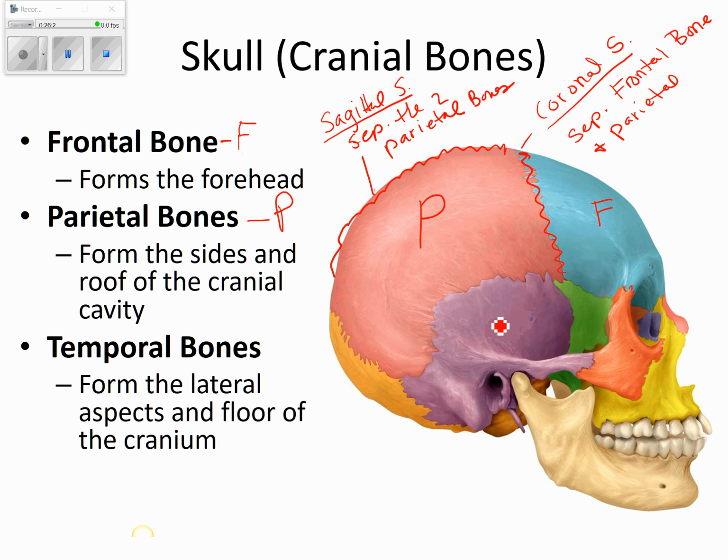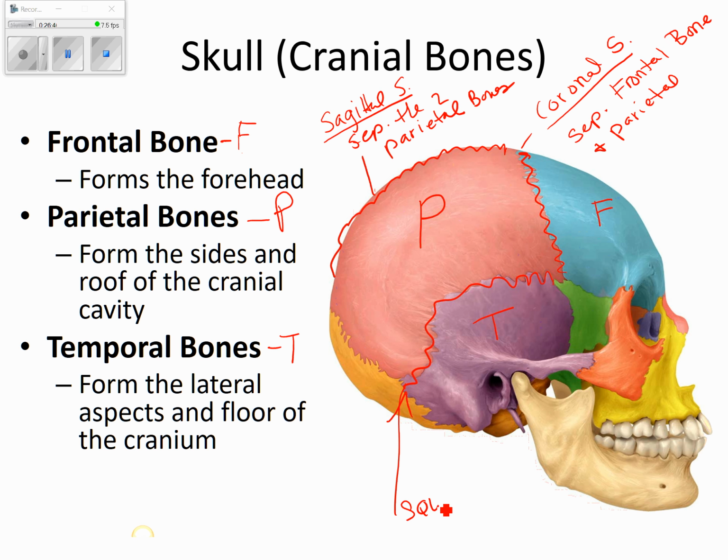Next, you have your temporal bone here. I'll label it T. It forms the lateral aspects and the floor of the cranium. And that squamous suture that I tried to draw in on the other one is, of course, right here.